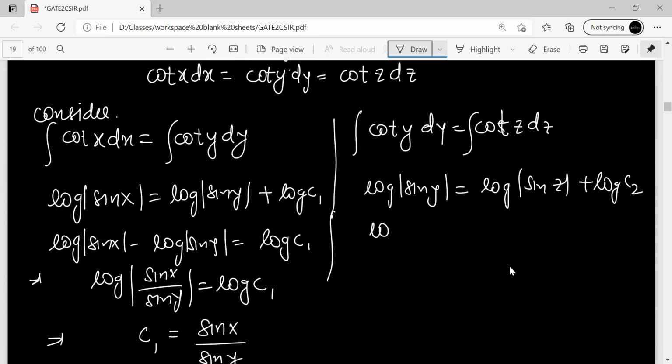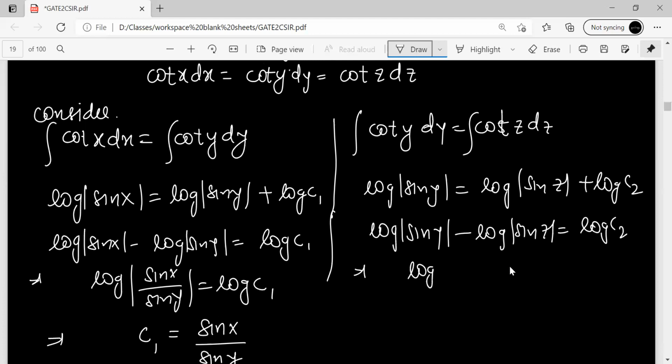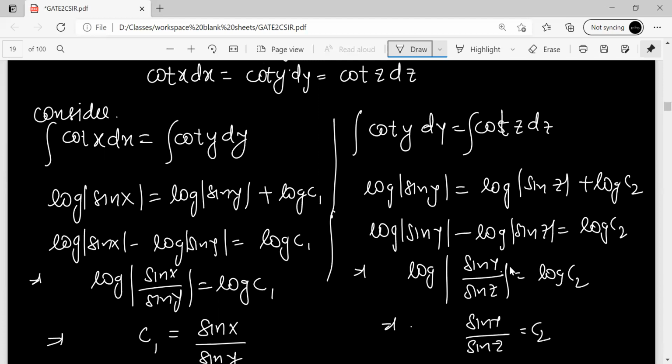Now take this here, so you get log of sine y minus log of sine z equal to log c2, and then I'll be getting log of sine y over sine z equal to log of c2. From here I'll be getting sine y over sine z equal to c2.